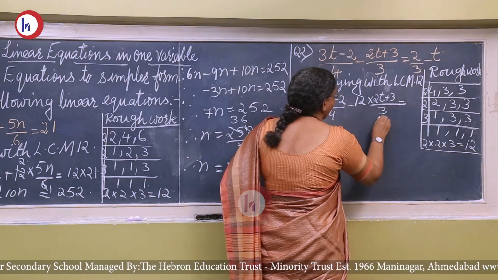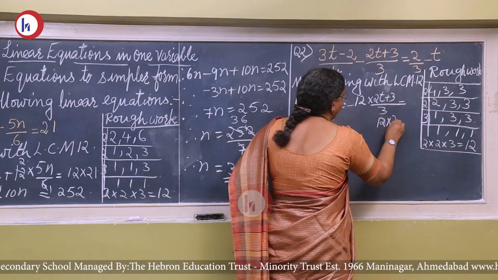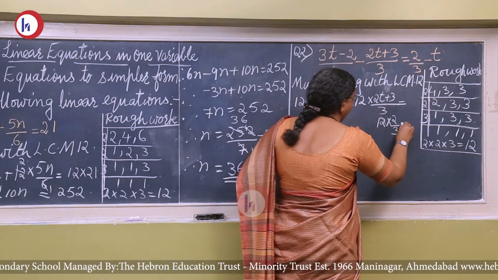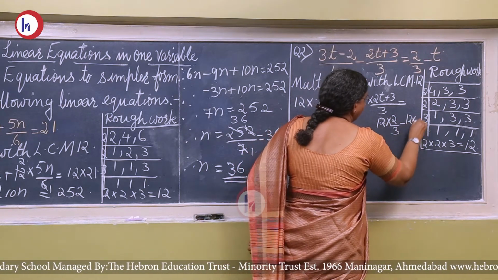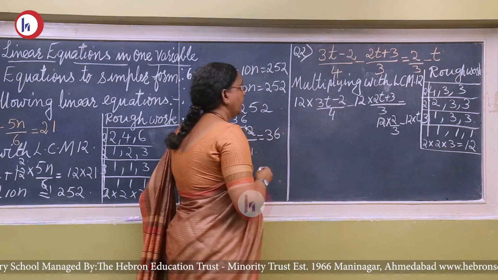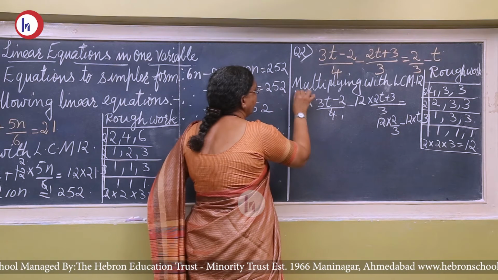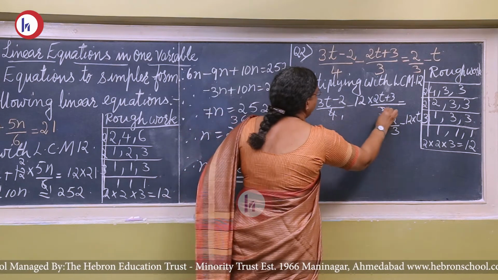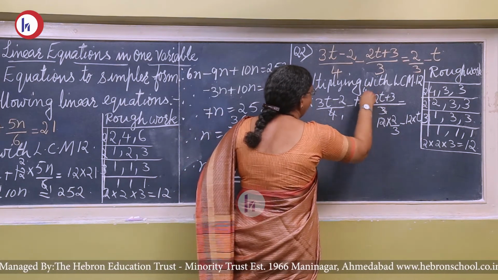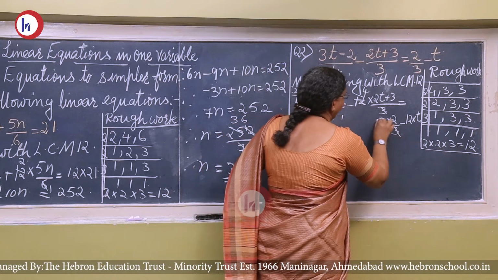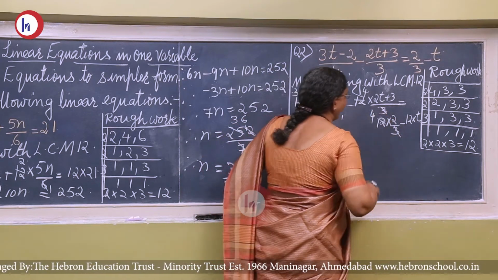That also has to be multiplied: 12 into 2 upon 3, minus 12 into t. Now you can cancel the numbers here: 3 4s are 12, here again 3 4s are 12.